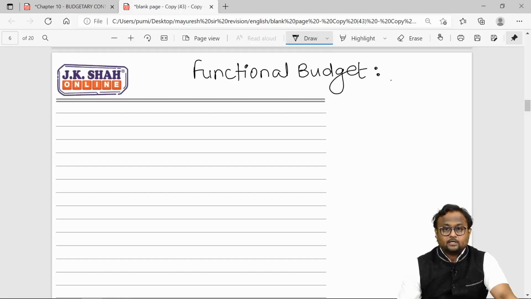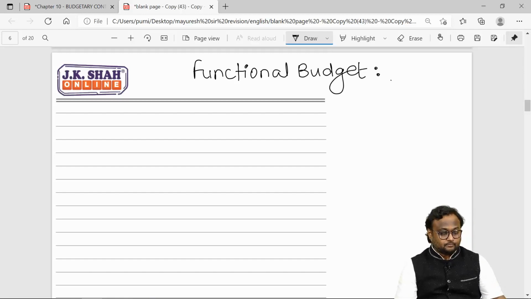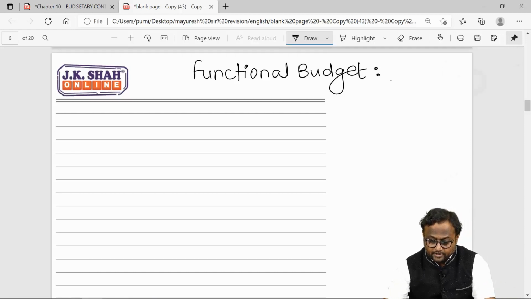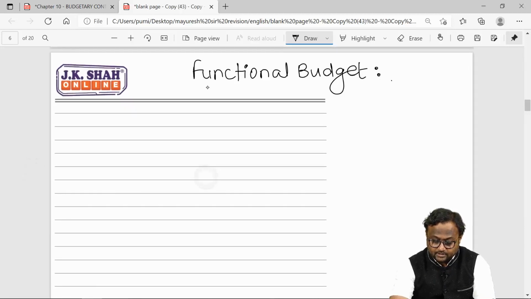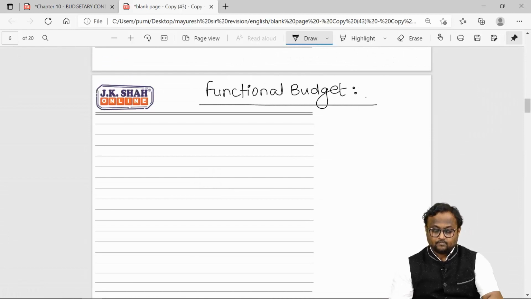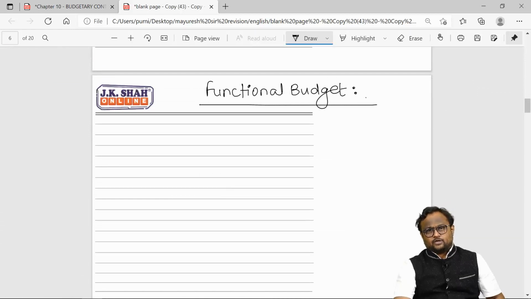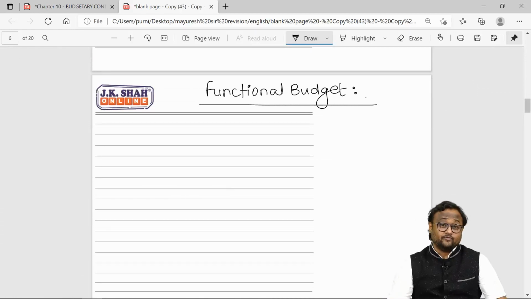First category we have already discussed, fixed budget and flexible budget. Now we will be going for functional budget.